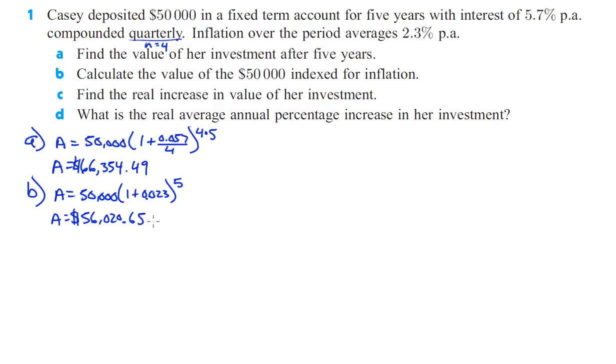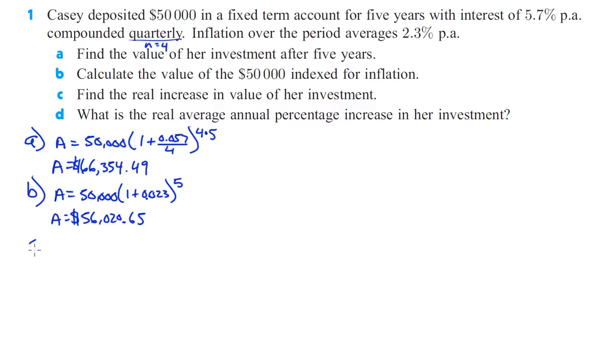Okay, so that means something that cost $50,000, 5 years later, that same thing should cost $56,020.65, the exact same thing, because of inflation.